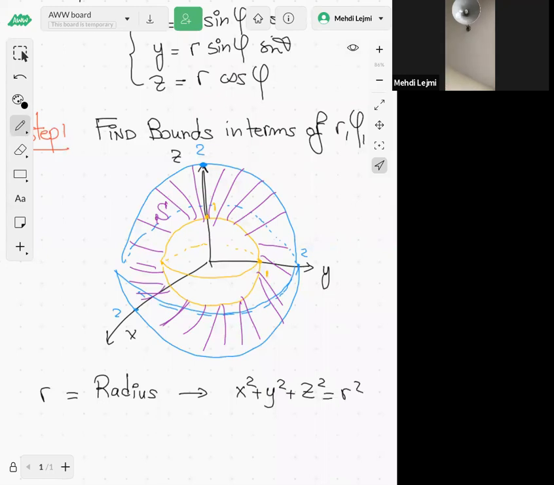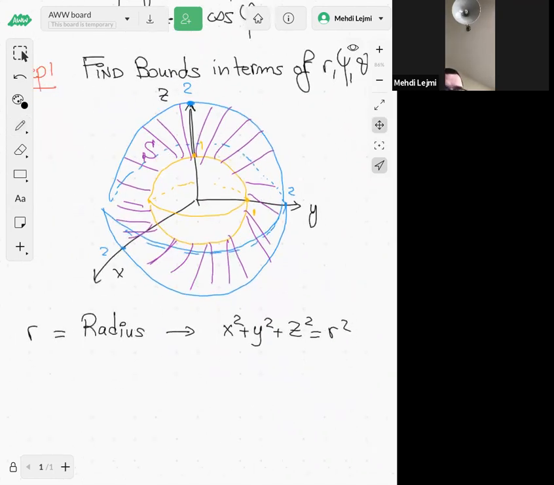Here you have the solid between two spheres of radius 1 and 2, so your solid S is bounded by the spheres, and x squared plus y squared plus z squared is between 1 and 4.